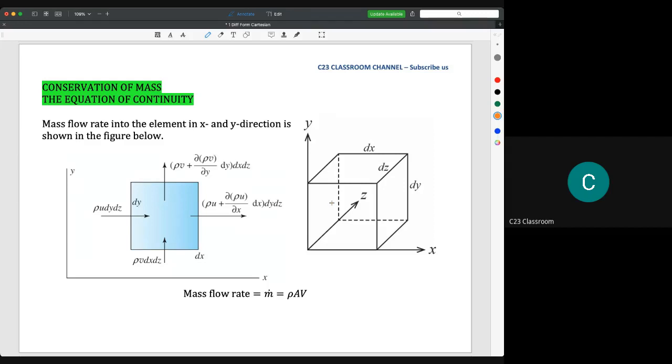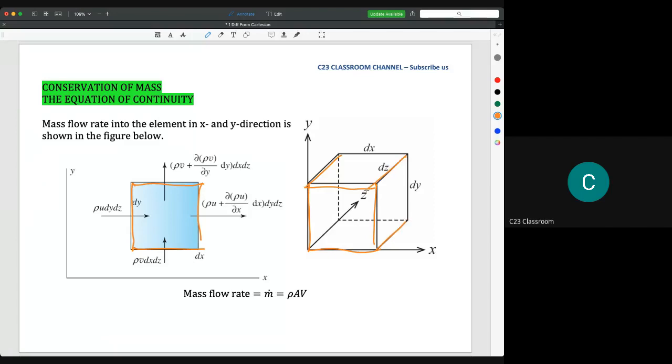In the Potter textbook, they use this diagram to start the derivation of the equation of continuity.